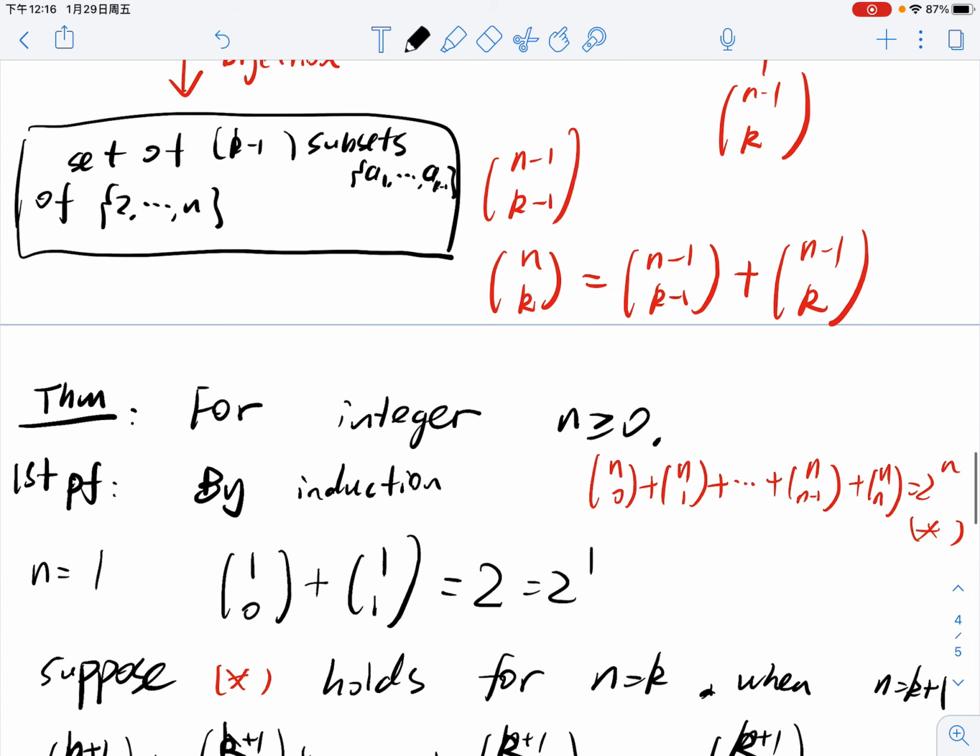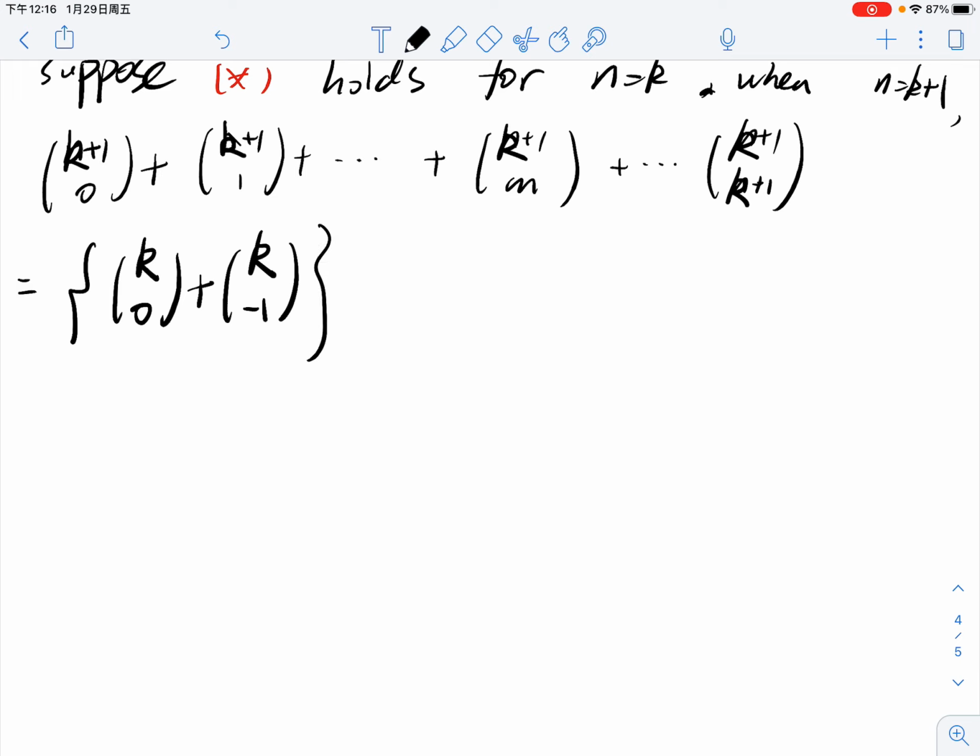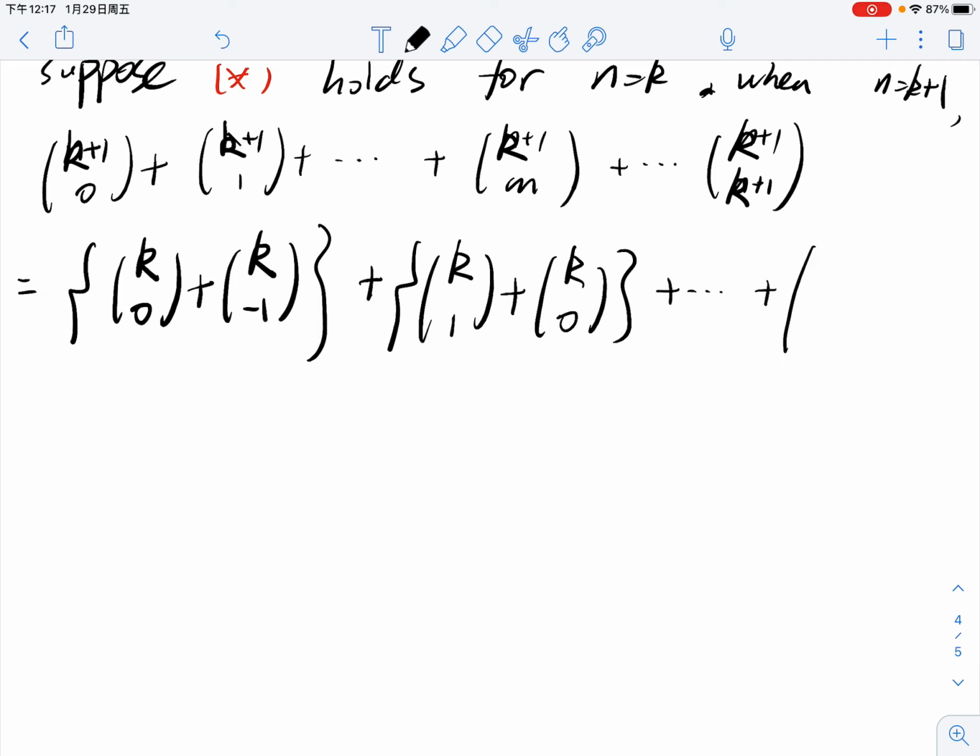Then you can write down k plus 1 choose 0 is k choose 0 plus k choose negative 1. And then k plus 1 choose 1 is k choose 1 plus k choose 0, all the way down to k choose m plus k choose m plus 1, plus all the way down to k choose k plus 1 plus k choose k.